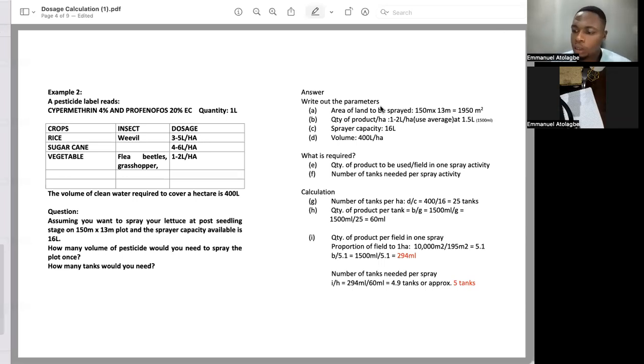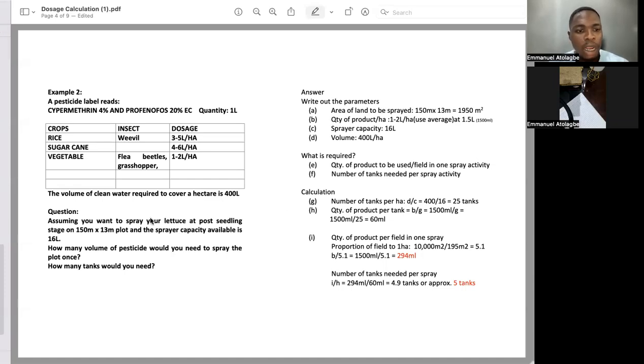So back to the answer. We have 400 liters to work with. We have 1950 square meters to work with. Now, anytime you see 1 to 2 liters, 4 to 6 liters, 3 to 5 liters, you look for the mean.